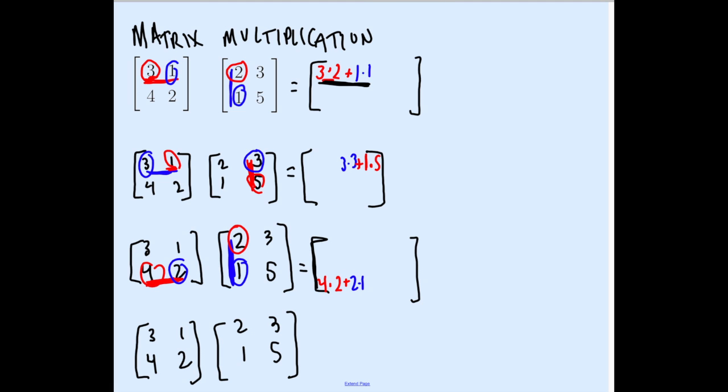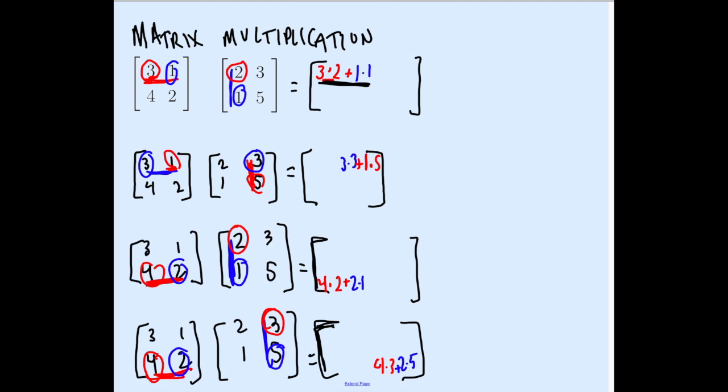And then for the last corner, this row times this column. So it will be 4 times 3 plus 2 times 5 plus 2 times 5.